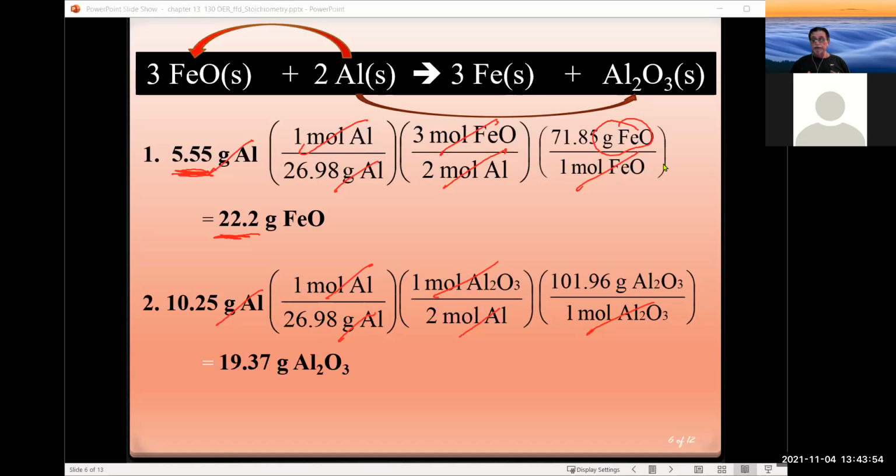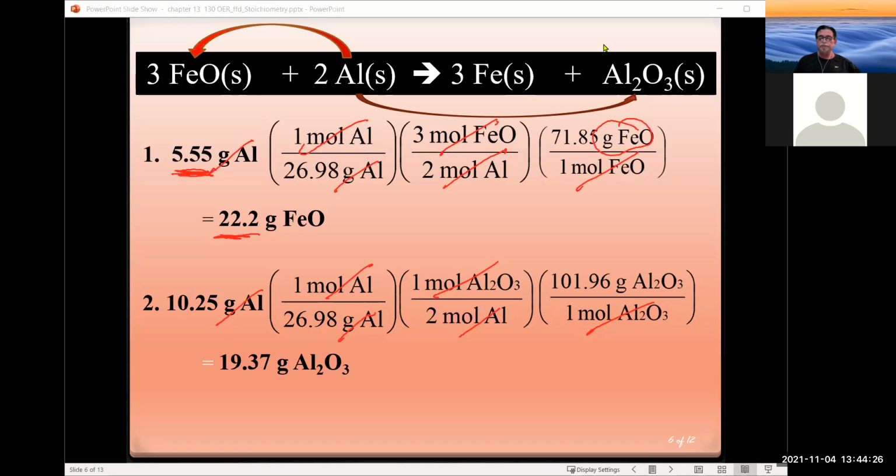And this ratio, this calculation is true whether we started off with 10.25 grams of aluminum or 10.25 tons of aluminum. Okay. Well, I should say metric tons, because these units are in metric units. And we will end up making 19.37 metric tons of aluminum oxide, which is an abrasive material. You find that a lot in sandpaper, aluminum oxide.